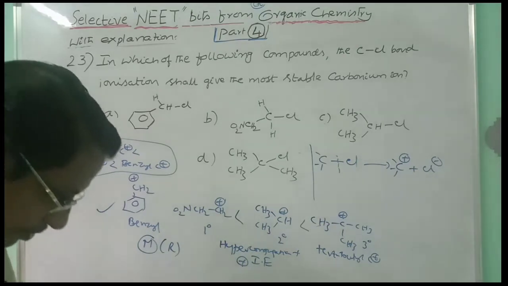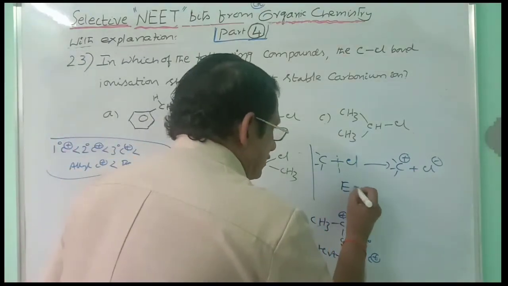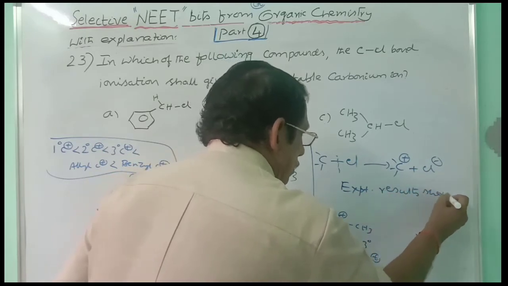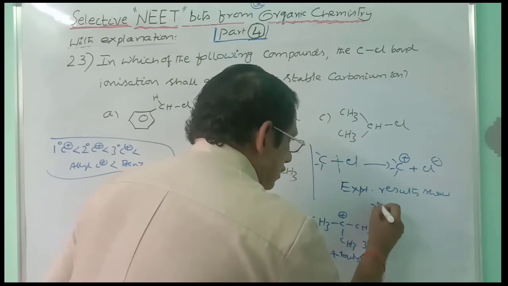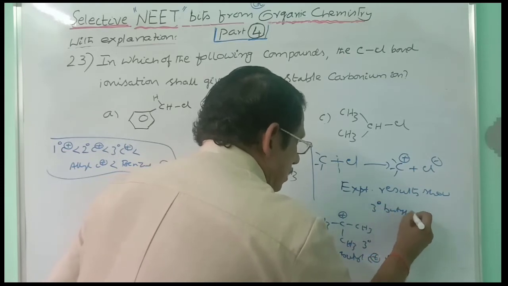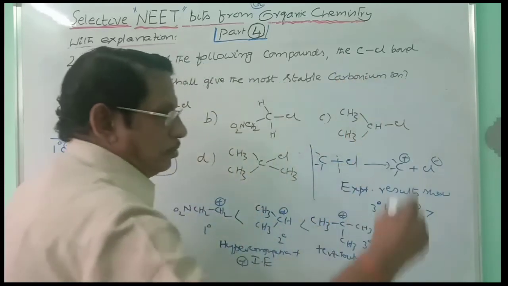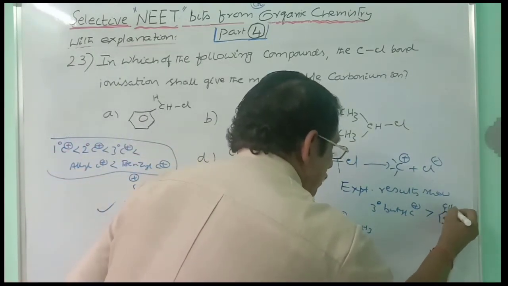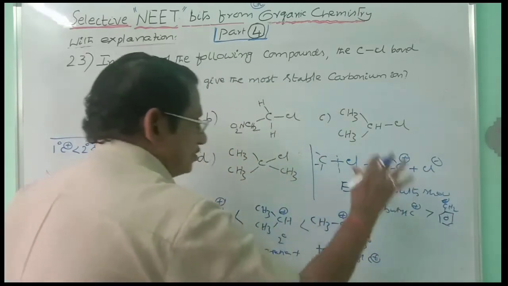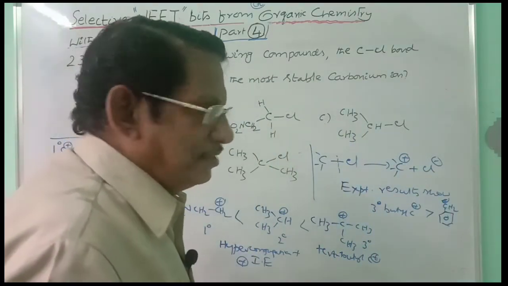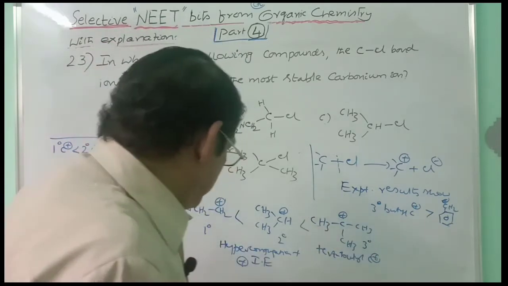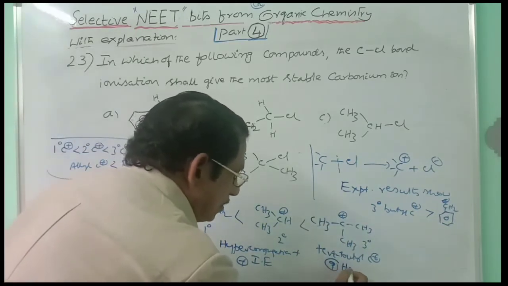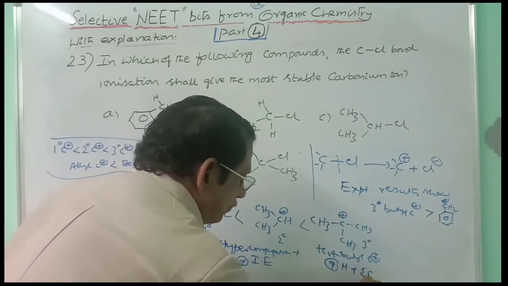But the pitiable condition is that experimental results are there. Experimental results show that tertiary butyl carbocation is slightly more stable than benzyl carbocation. That means here this will be having 9 hyperconjugative resonance forms along with inductive effects.